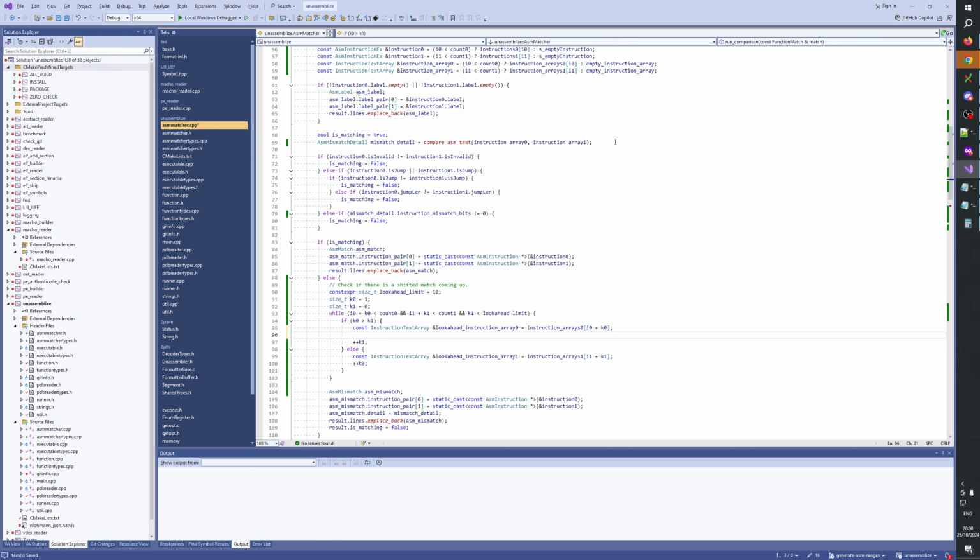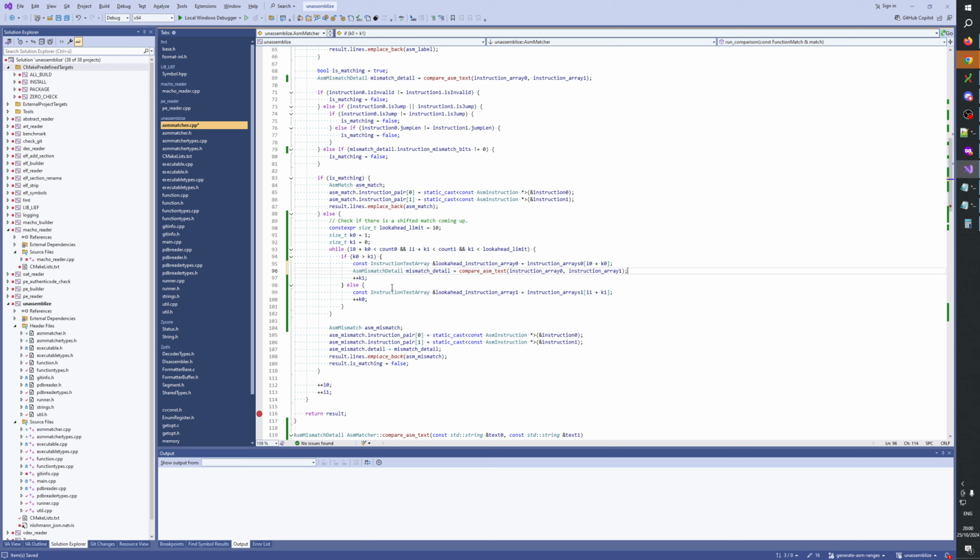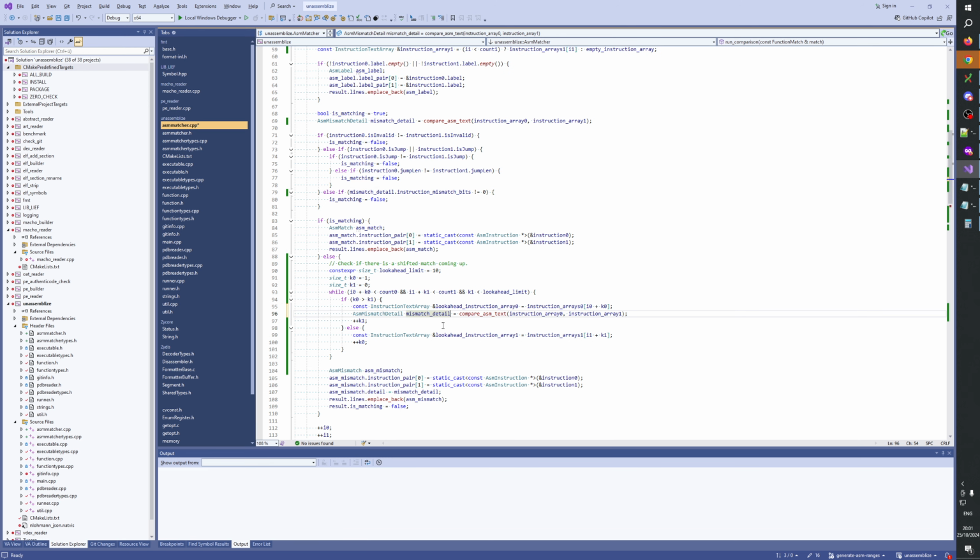We need here mismatch detail. Let's call this look ahead mismatch detail.